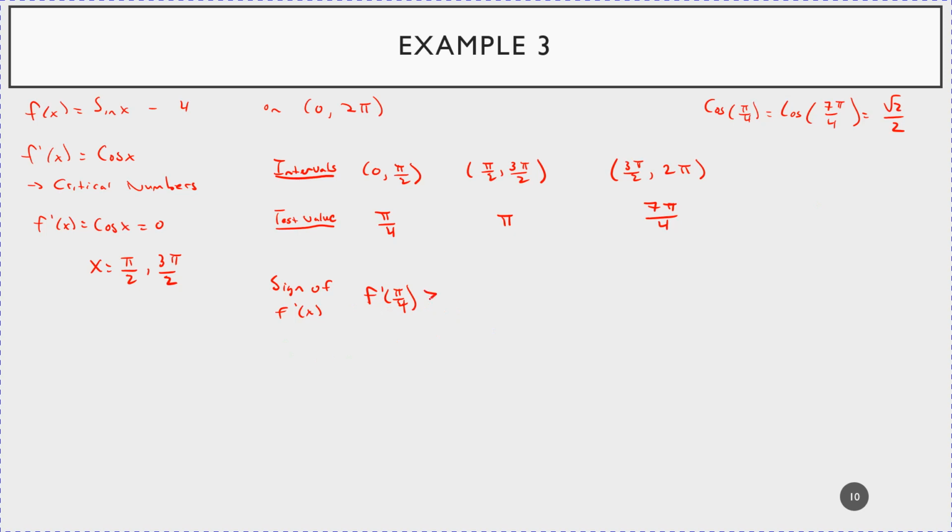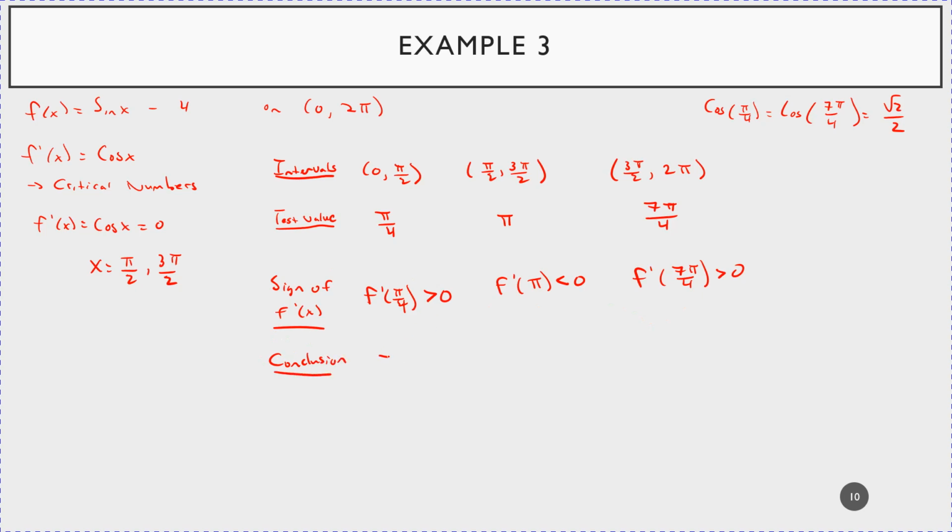So we see that this is positive. F prime of pi, well, what is cosine of pi? That's negative 1, so that's less than 0. And then I already spoiled this one: f prime of 7 pi over 4 is greater than 0. So what is our conclusion here?